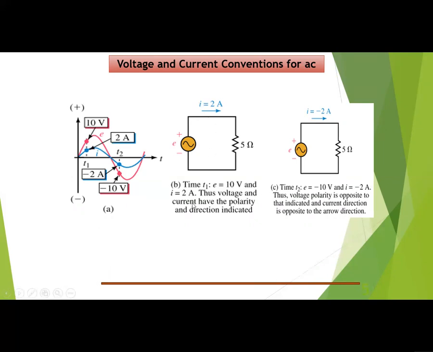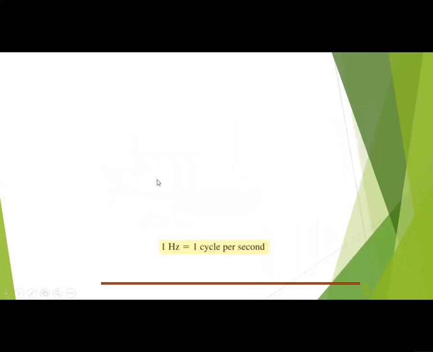Thus the voltage and current have the polarity and directions indicated. At time T2, E is equal to minus 10 volt and I is equal to minus 2. See the voltage polarity and opposite direction. This is the negative direction shown, with negative voltage arrow directions.